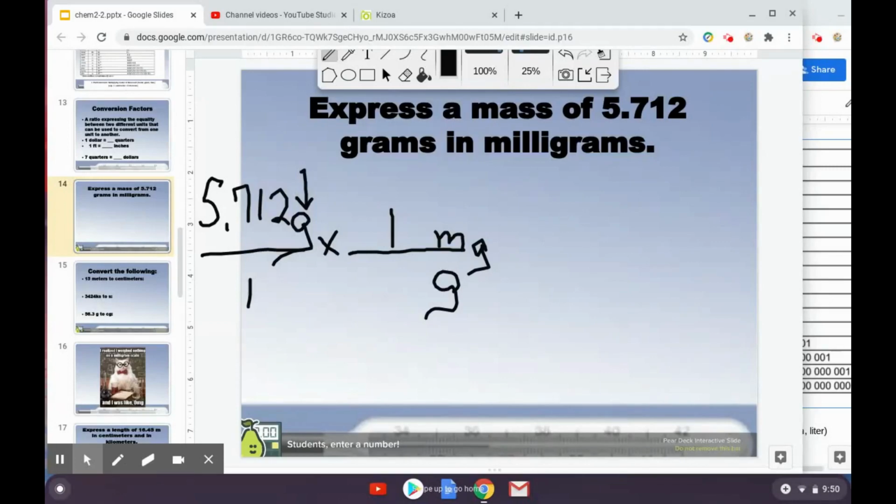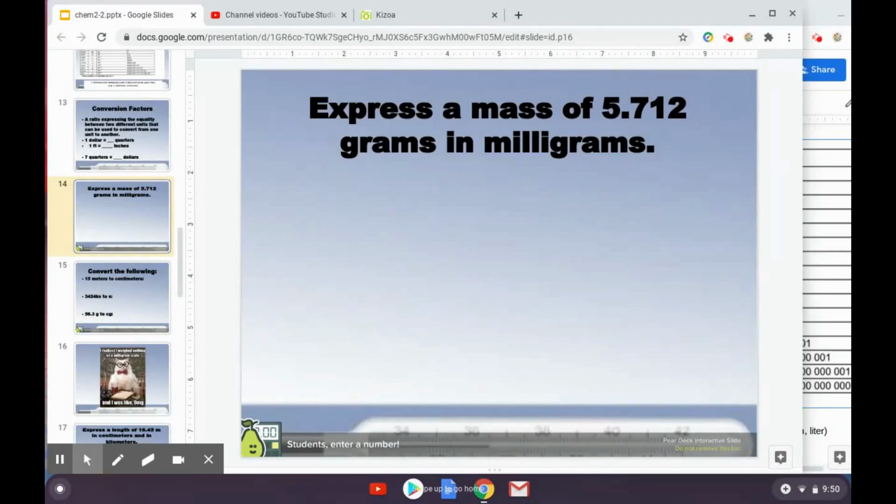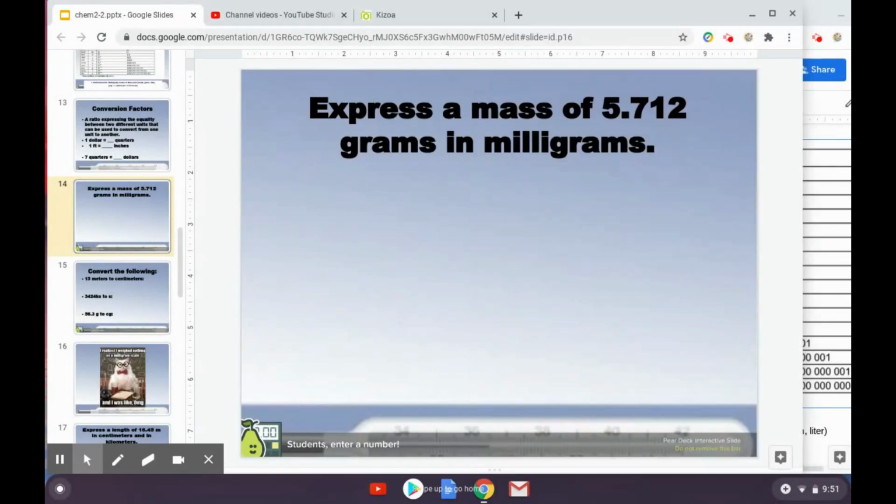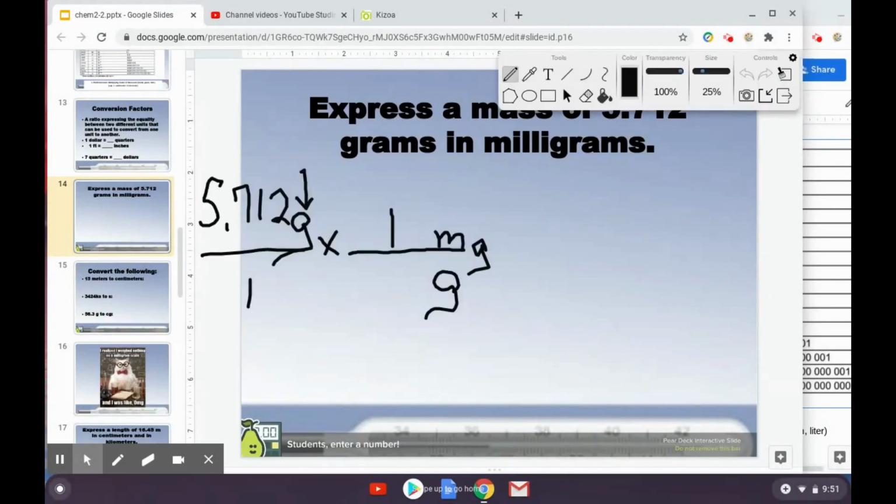So if we switch over to our other chart, and it says milligram, or it says milli, but we can apply gram, meter, whatever. So milli, and then this is how many milligrams we'll have. So 0.001. So if we come back, then we'll put 0.001 for that bottom with the grams.